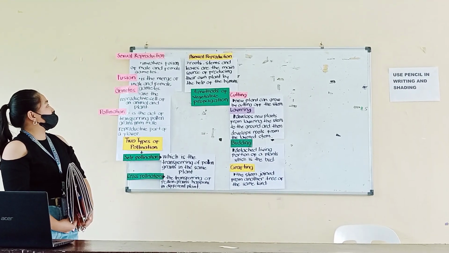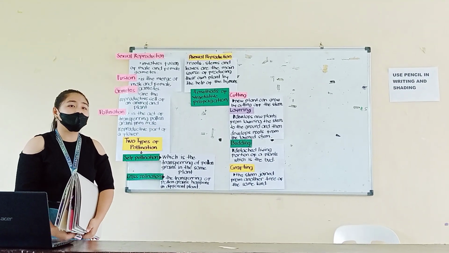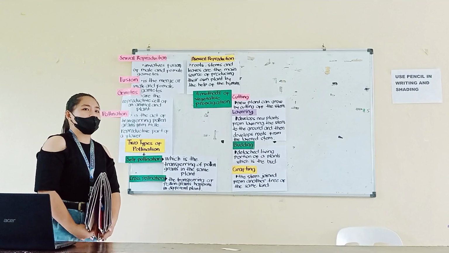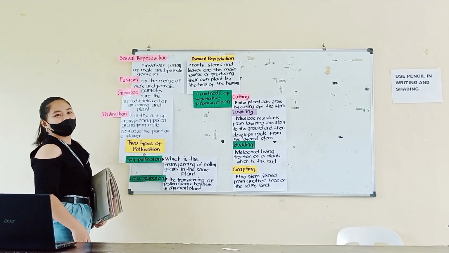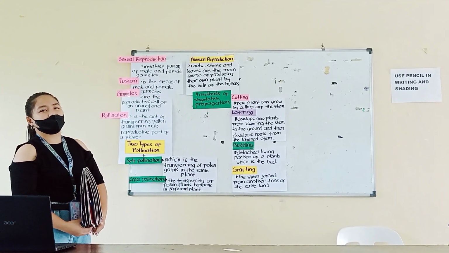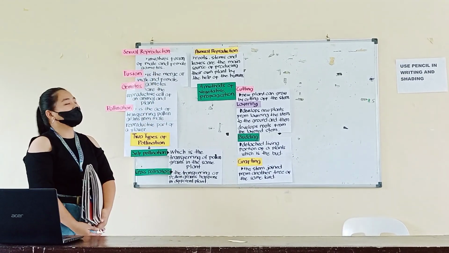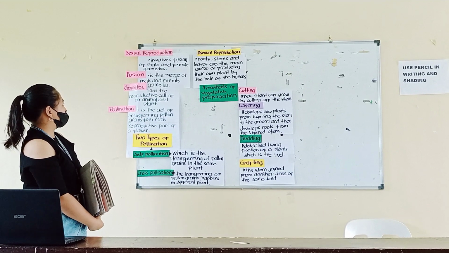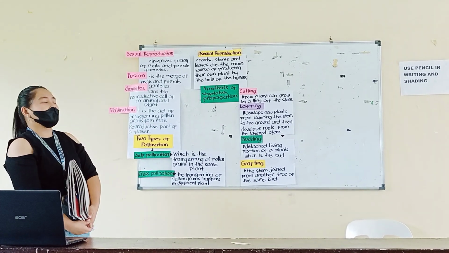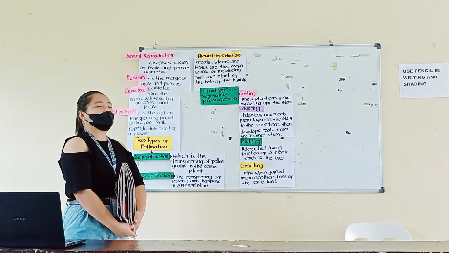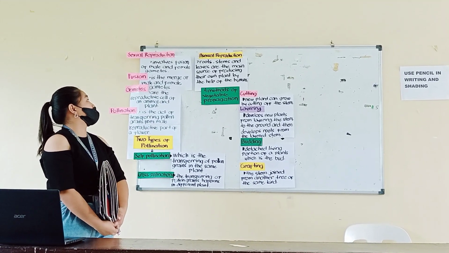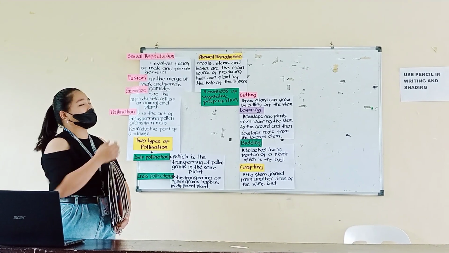So, sexual reproduction, will you please read? Sexual reproduction involves fusion of male and female gametes. Okay, when we say sexual reproduction, it involves the fusion of male and female gametes.